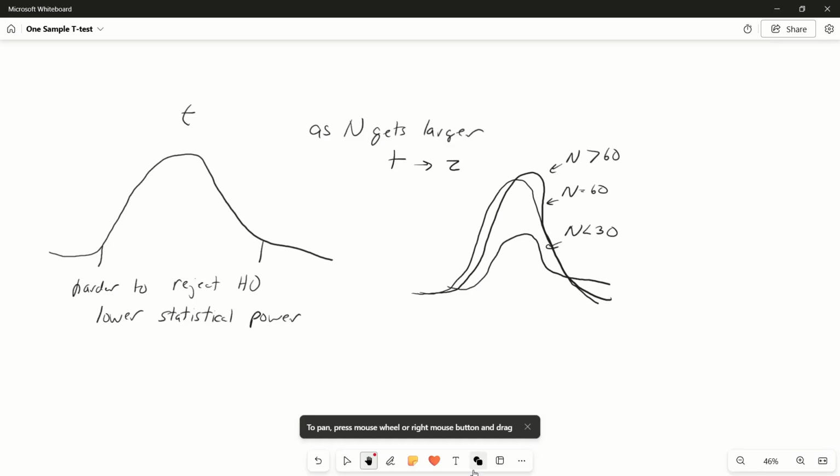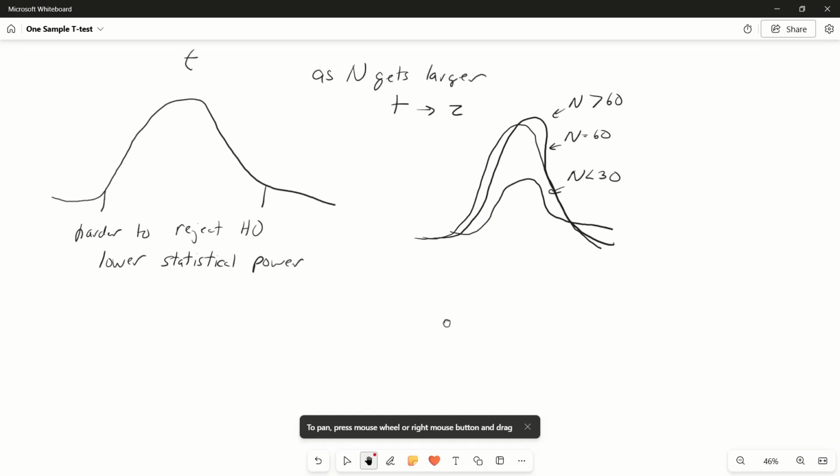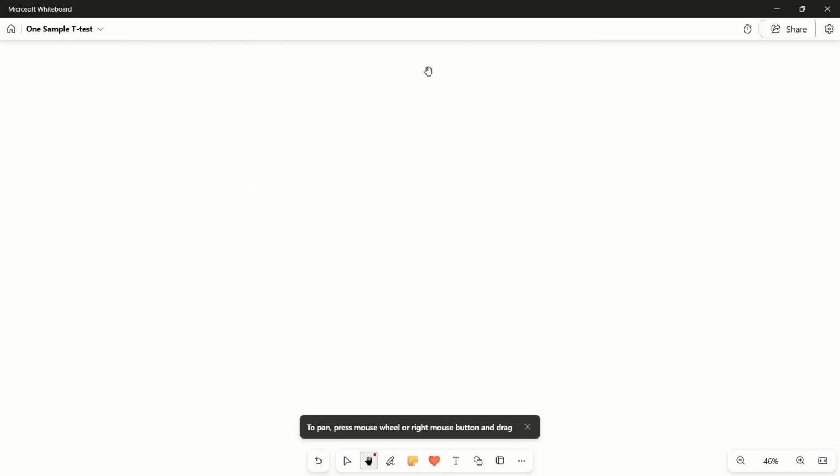But at lower sample sizes, t is penalizing you compared to z. It's penalizing you because you have to estimate the population standard deviation by using the sample standard deviation. So that estimation is costing you. I like to think of t as a penalty. t penalizes you for estimating sigma.